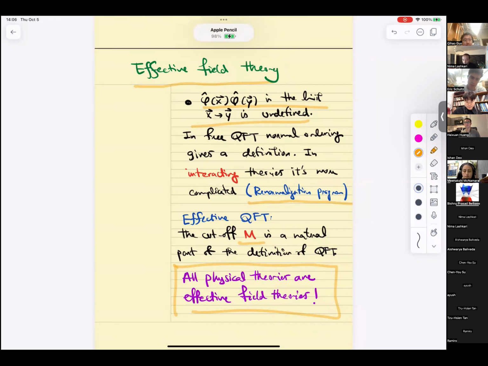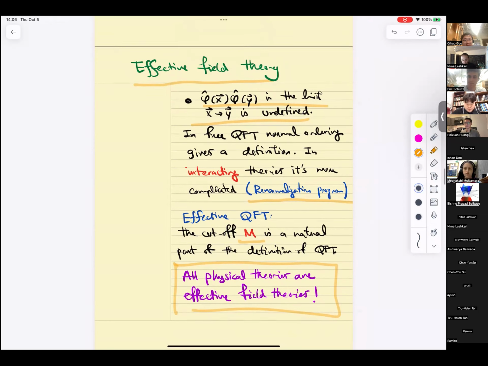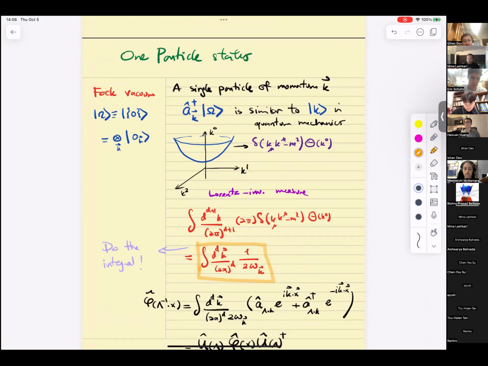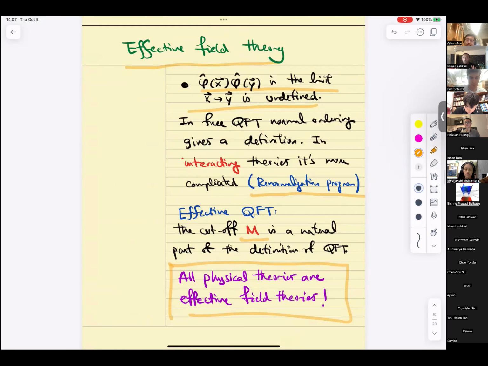All right. Okay, enough philosophizing. Is this clear? Are there any questions? I'm going a lot slower on this one. All right. Good. So now let's discuss one particle states. Actually, let me pause a little bit more. Is this clear?